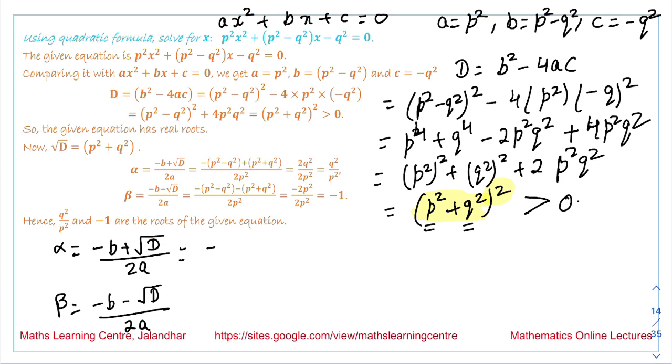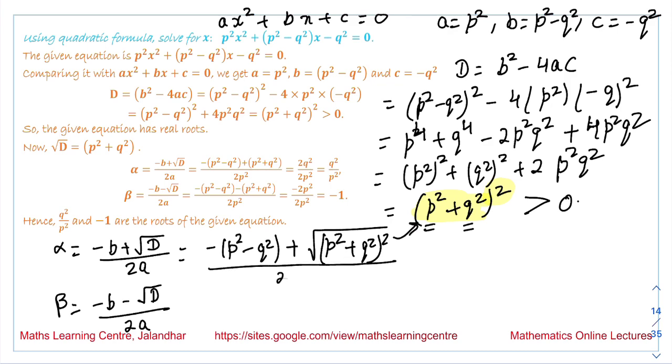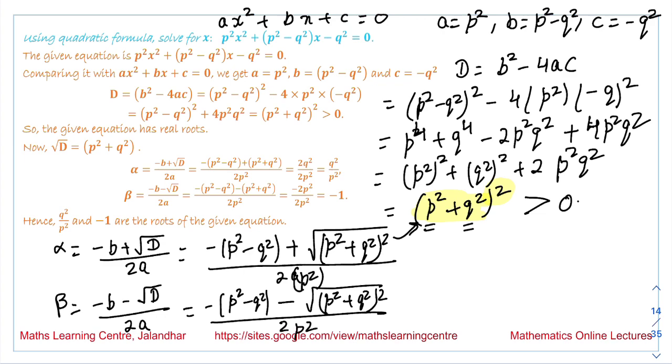So minus b is minus p square minus q square, plus square root of (p square plus q square) whole square. This is the value of square root d over 2a. A is p square. Similarly, it is minus p square minus q square minus square root of (p square plus q square) whole square over 2 times p square.